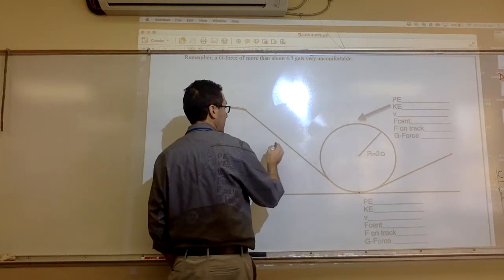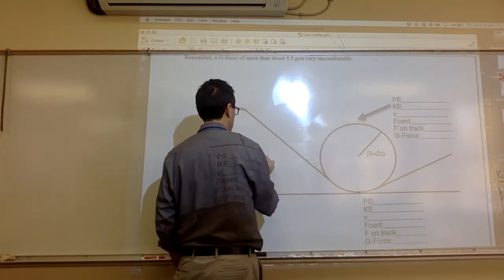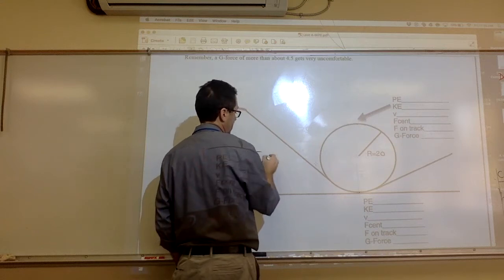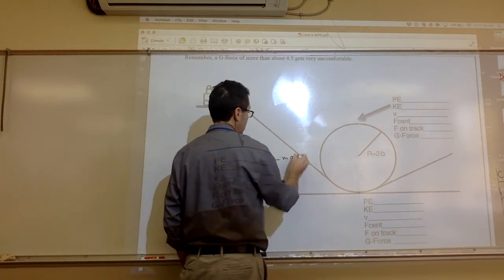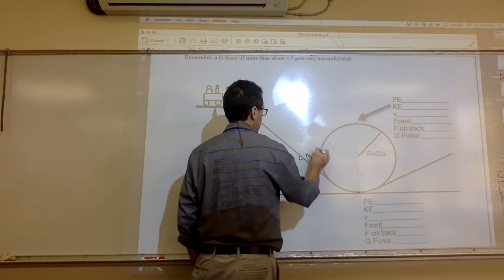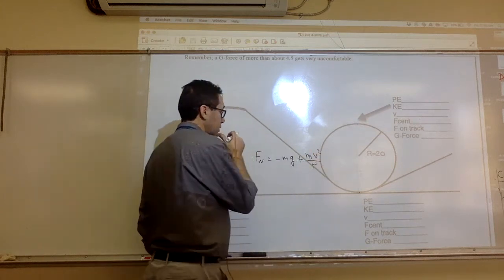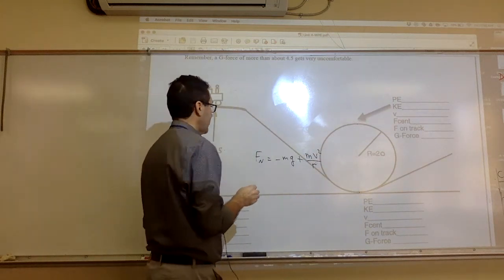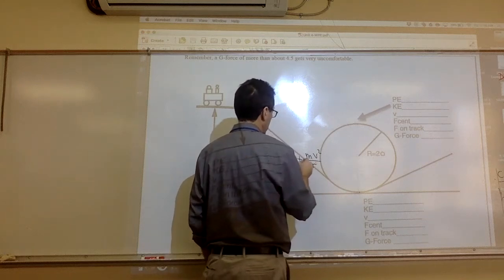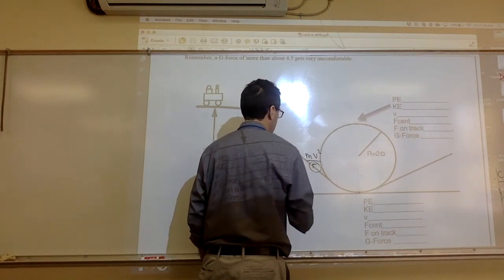At the top, you're going to have Fn plus mg, so I'm going to move the mg on the other side, giving Fn equals mv squared over r minus mg. So let's see what we can control. The only thing I can control really is the r.